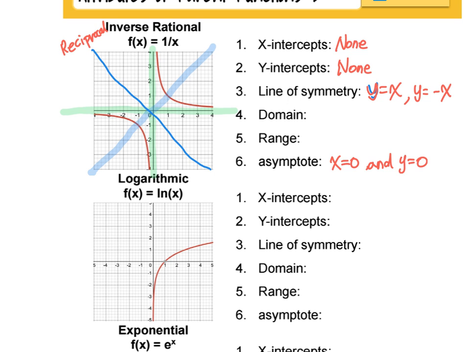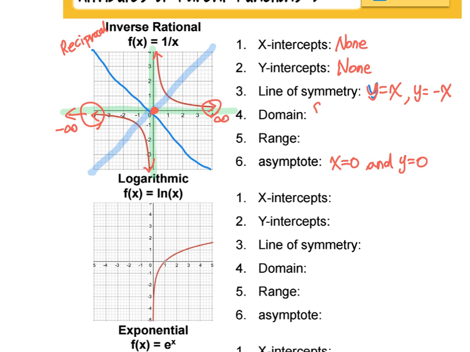So let's move on to domain. These graphs extend to both sides, right? This part grows to negative infinity, and this grows to positive infinity. However, they never pass through that point, because there is an asymptote.